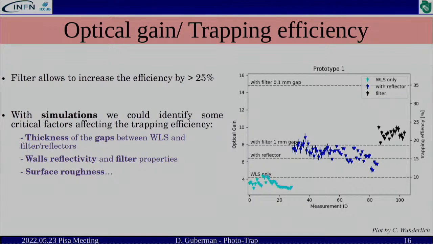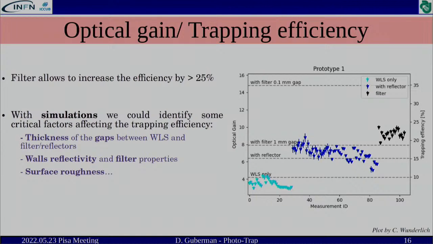Okay, so in this case we reach a trapping efficiency of about 24%. I will show the values for all the prototypes in the next slide. But basically, this was important also to compare with the simulations we did in Geant, which is what I am trying to show with these dashed lines, what we expected from simulations.